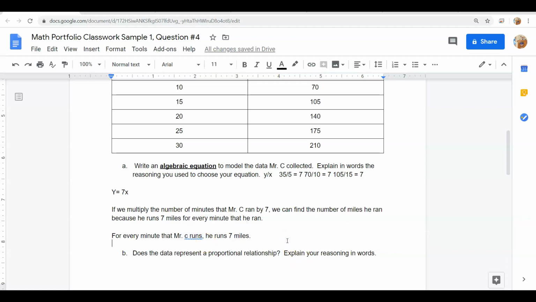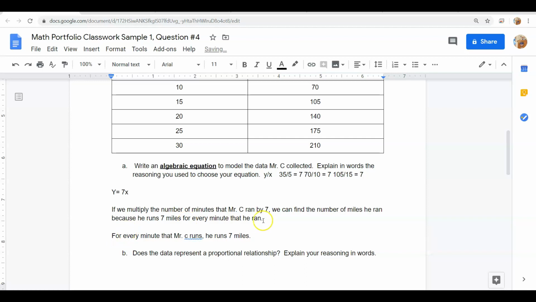You could also say this, for every 5 minutes that Mr. C runs, he runs 35 miles. The reason why I do not like this one as compared to the other one is because you could take the 35 and the 5 and divide them. So this is the most simplified answer. So we're going to go with that, for every 1 minute.